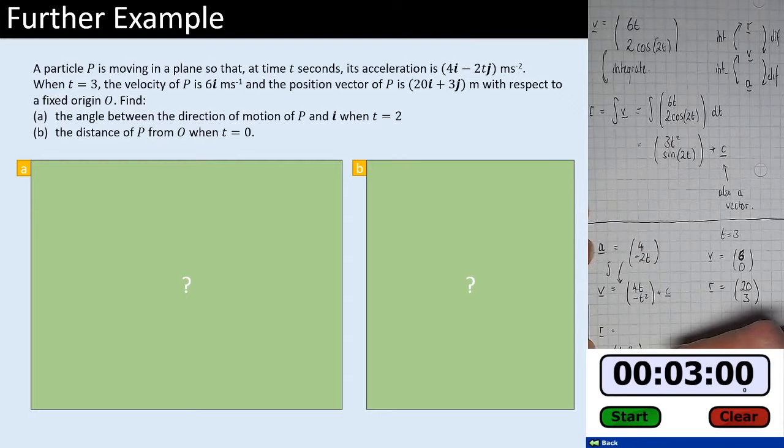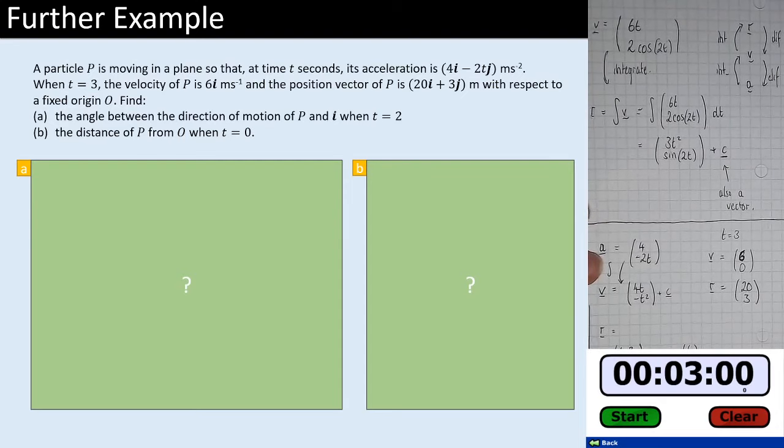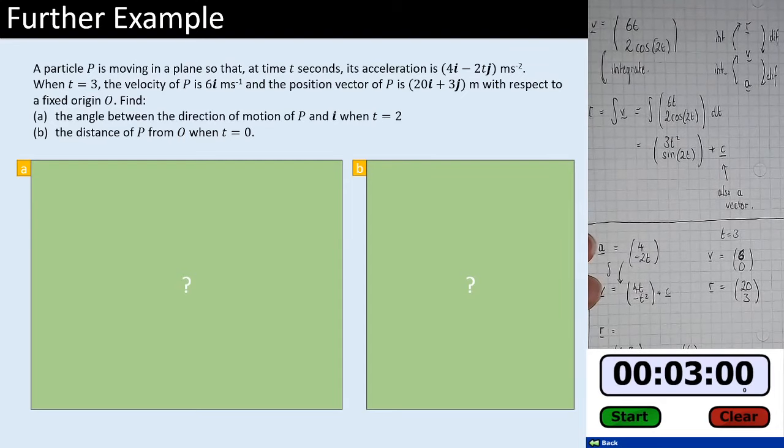Plus our constant, and that is equal to 6, 0. So 4 times 3 is 12. 3 squared is 9, make it negative. So that plus c is equal to 6, 0, which means that c is going to be equal to this vector take away this vector. So it's going to be negative 6 and then 9.